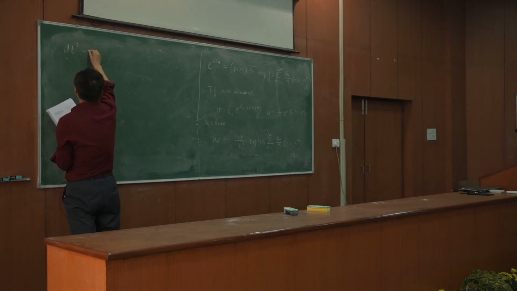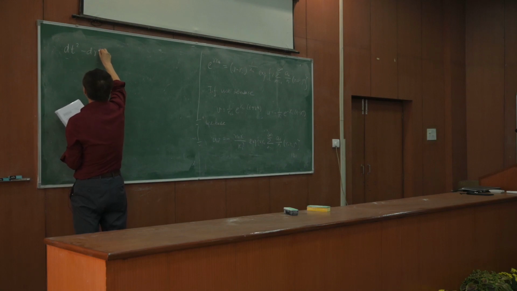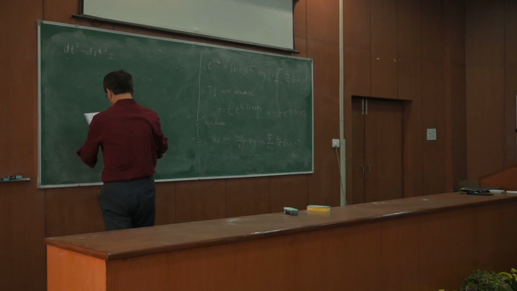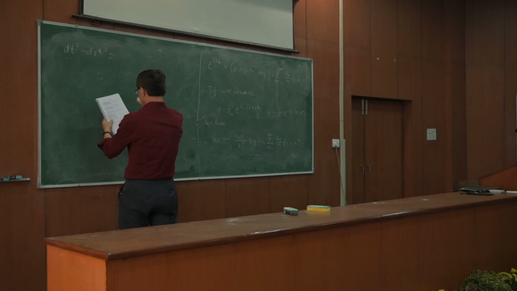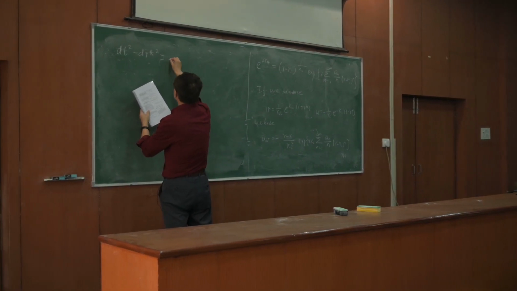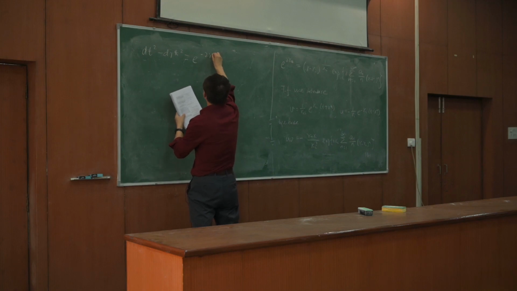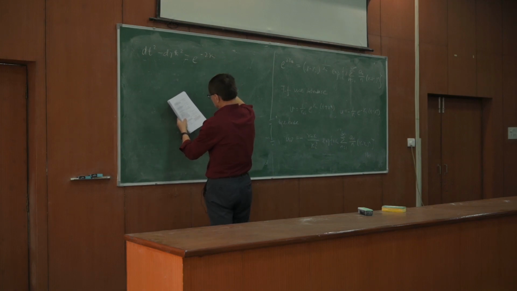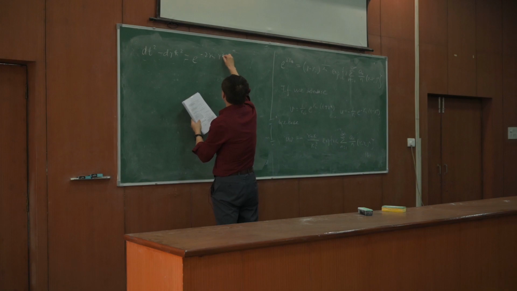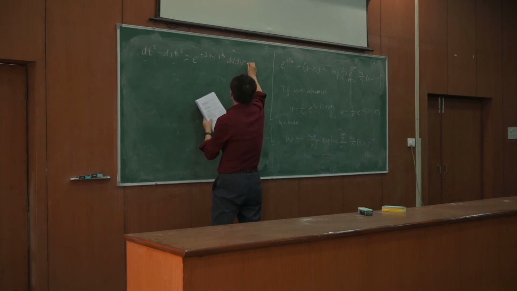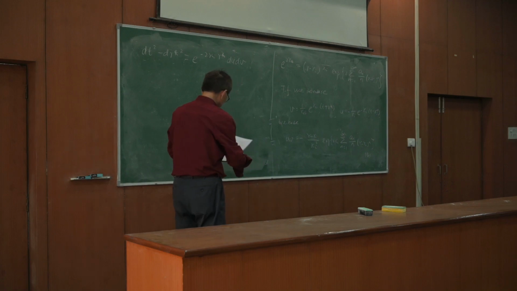T squared minus dR star squared will equal D minus 2 kappa I R star D dV. Okay?